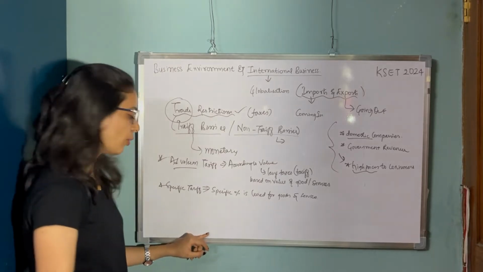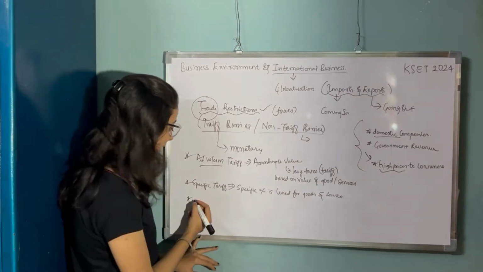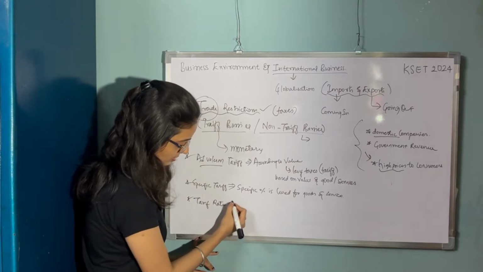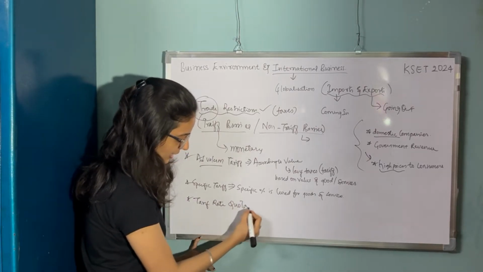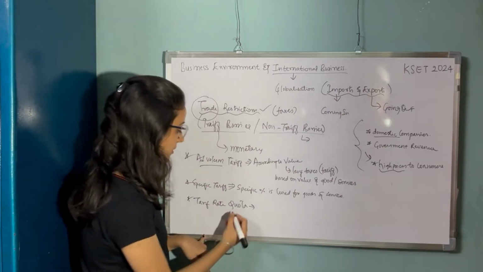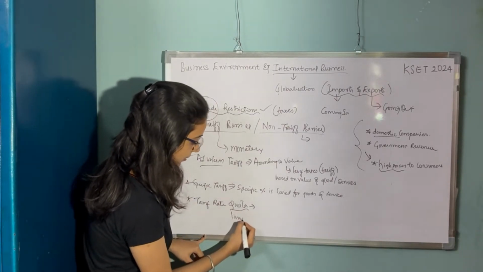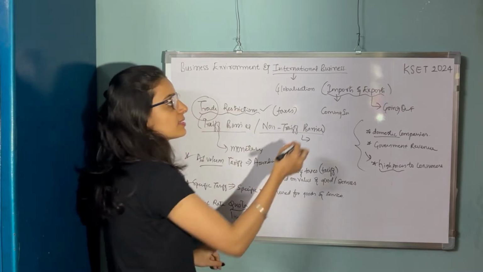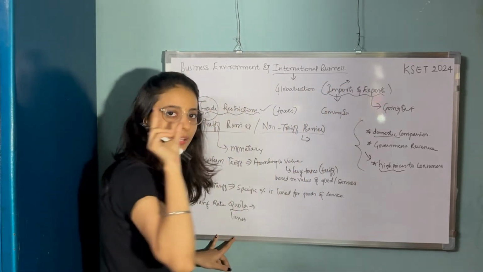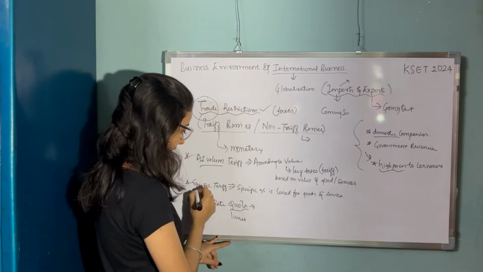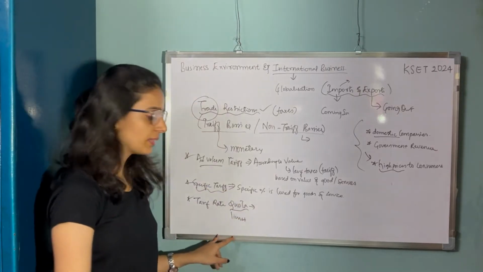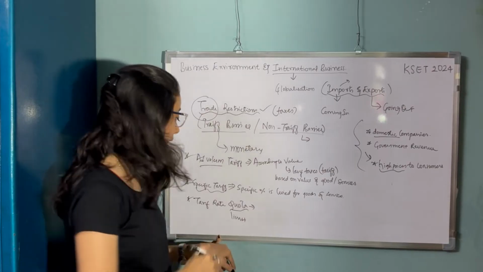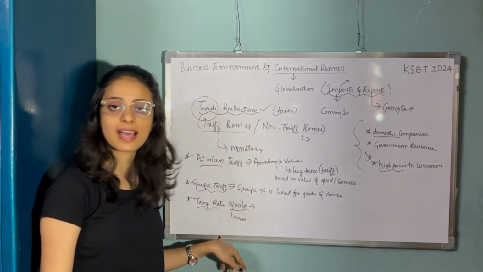Next, there is something known as tariff rate quotas. Okay, quota means what? Limit, right? When the goods and services are imported according to a certain limit, then a specific rate is applied. If it is crossing above the limit, then a high tariff rate, high taxes are levied.